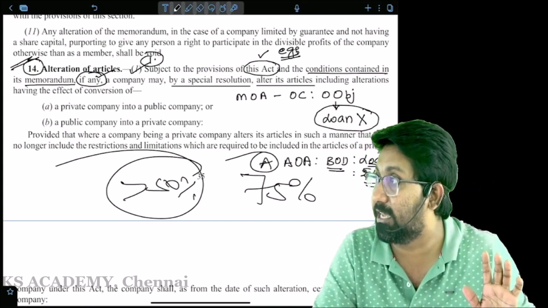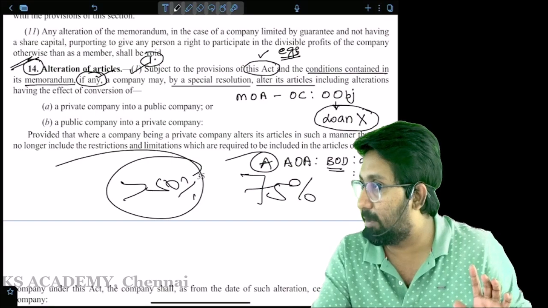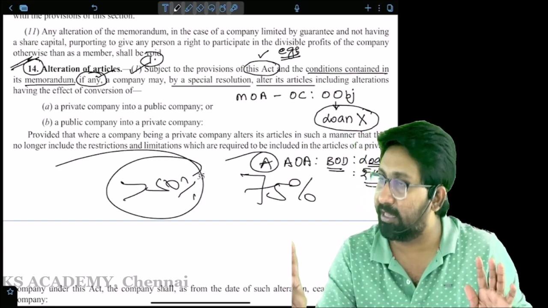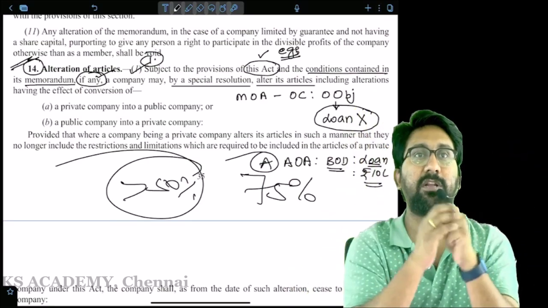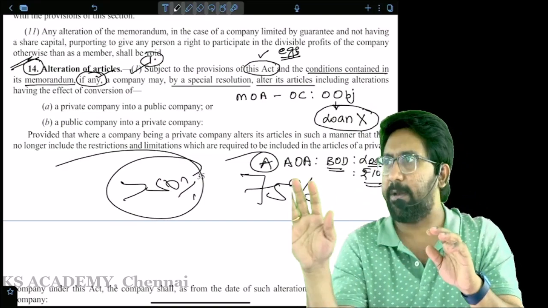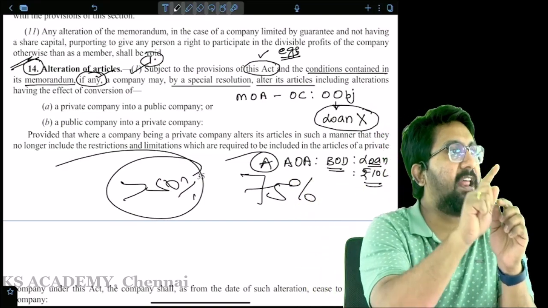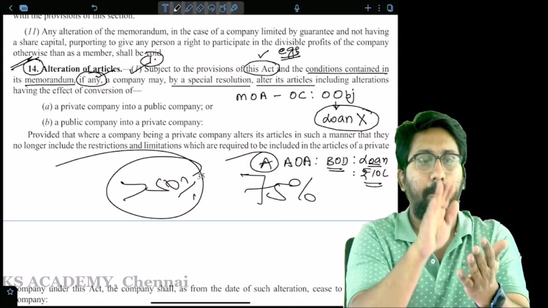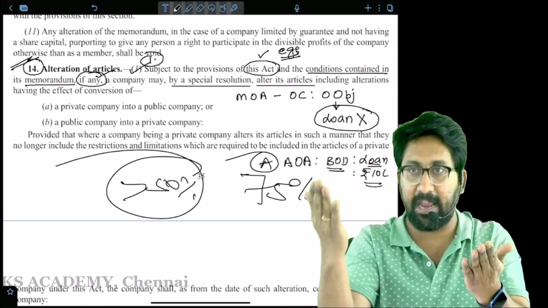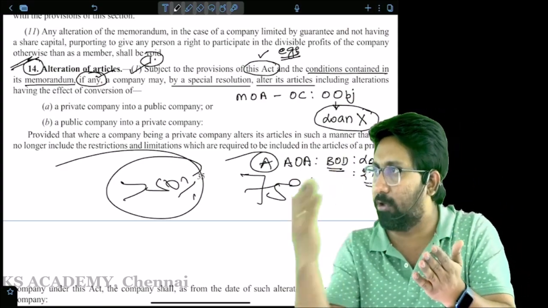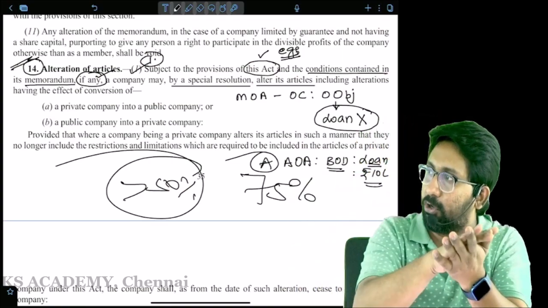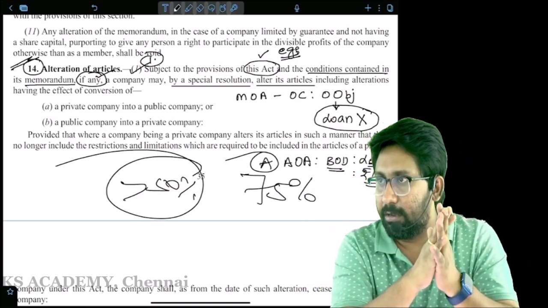What clause change? Do you remember name clause alteration? There it is required. Now answer my question clearly. One second please. Whenever I am converting public to private or private to public, you are changing it.